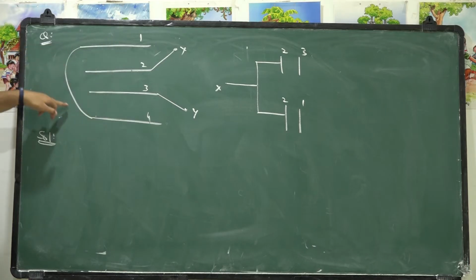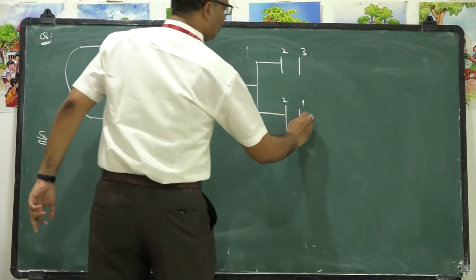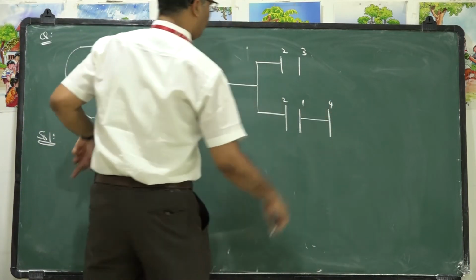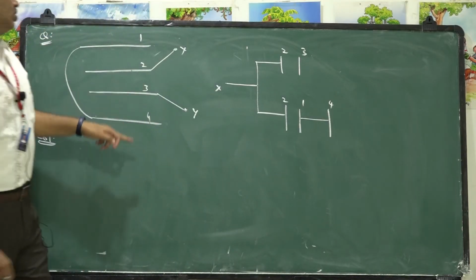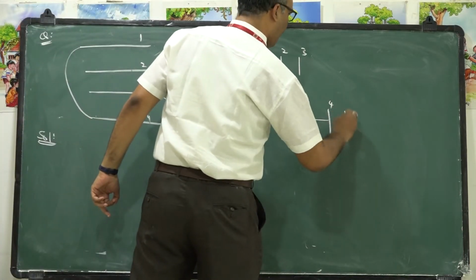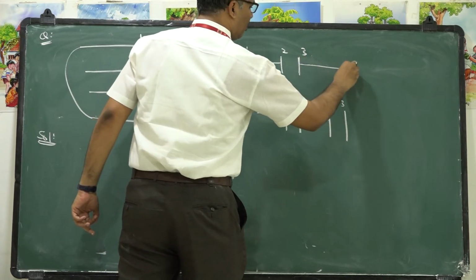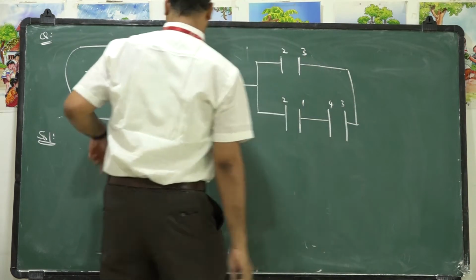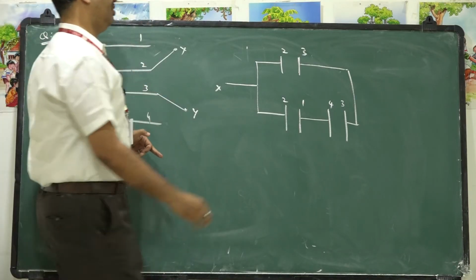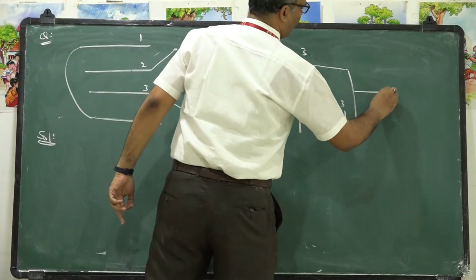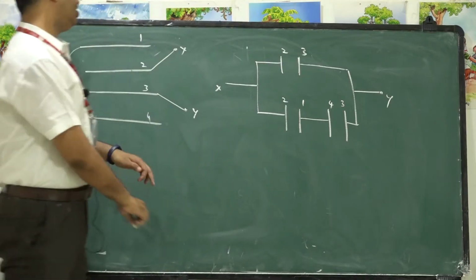This one plate is joined with fourth plate. 4, 3 is another capacitor. As this plate and this plate are at identical potential, we can join them. Plate 3 is attached with terminal Y.